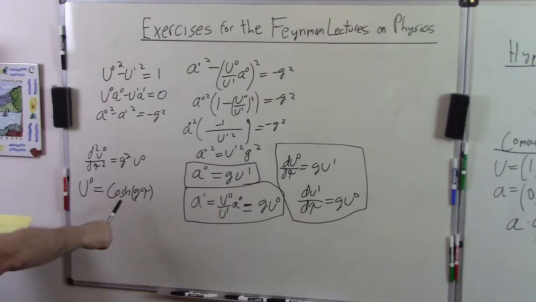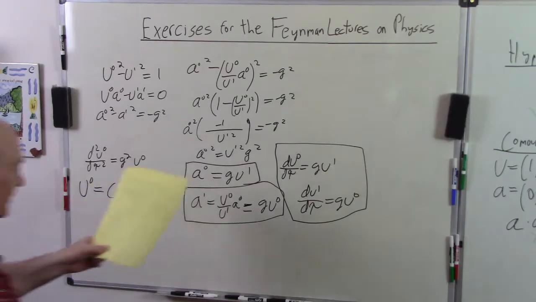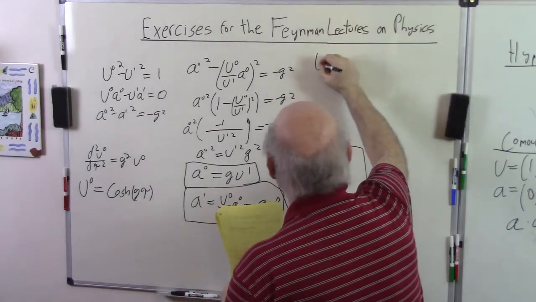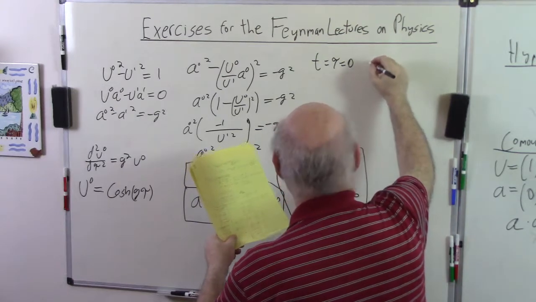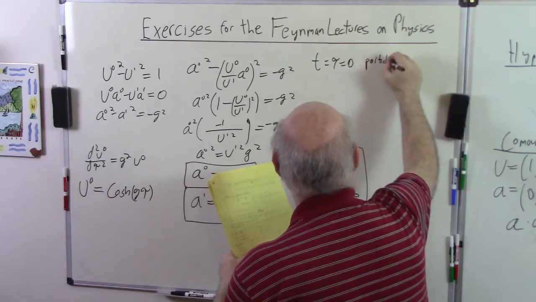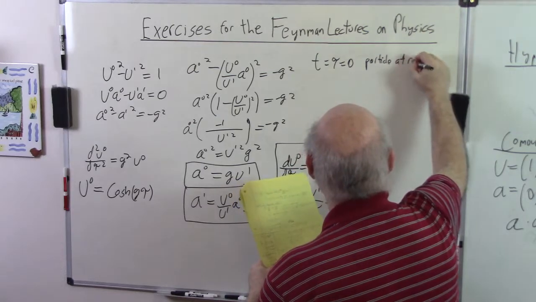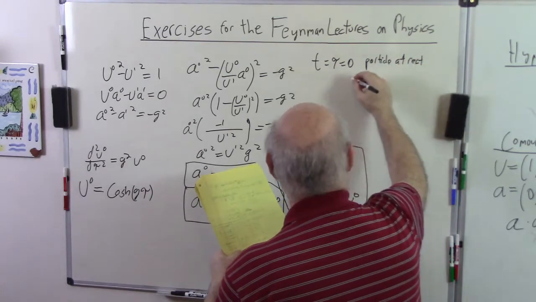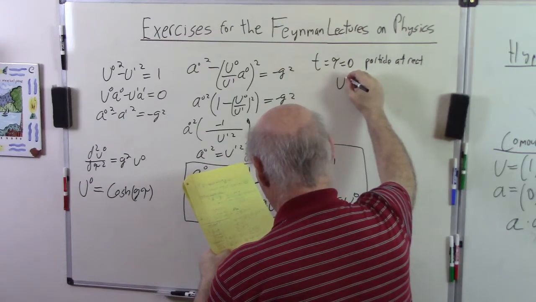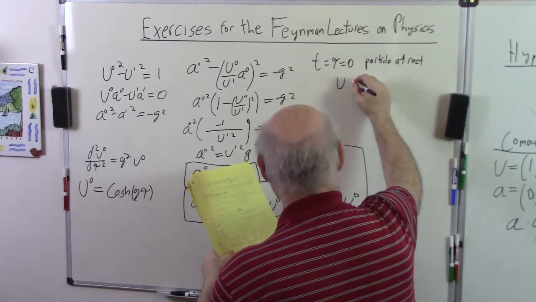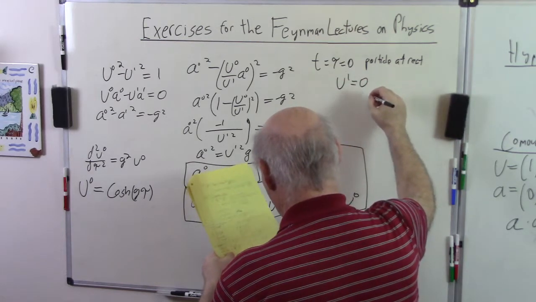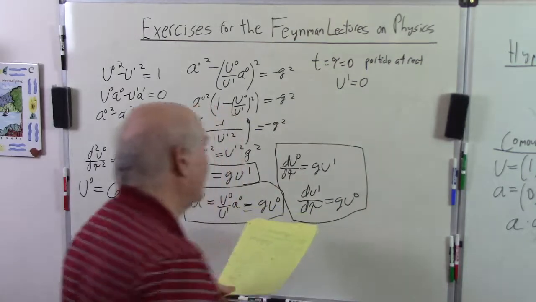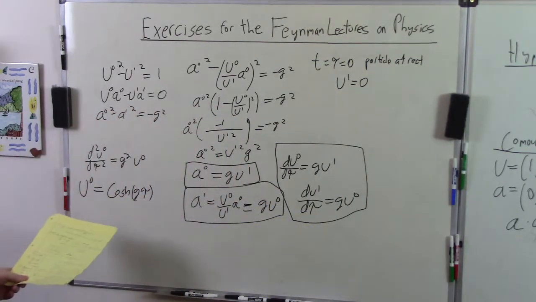But I want the velocity to be 0 at time t equals 0. So our initial conditions, τ equals 0, the particle is at rest, and so U1 is equal to 0. And this is what I want to have satisfied, and this satisfies that.